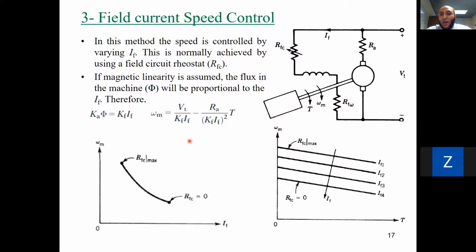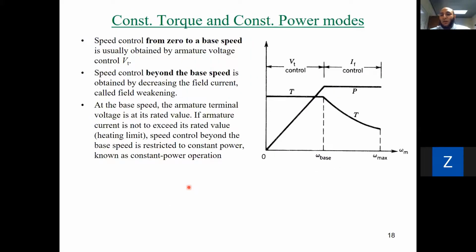We can combine both of them in one control system. With a speed lower than base speed or no load speed, we can use voltage control, and we cannot increase the voltage beyond the base speed. However, higher than base speed, we can start using field control.